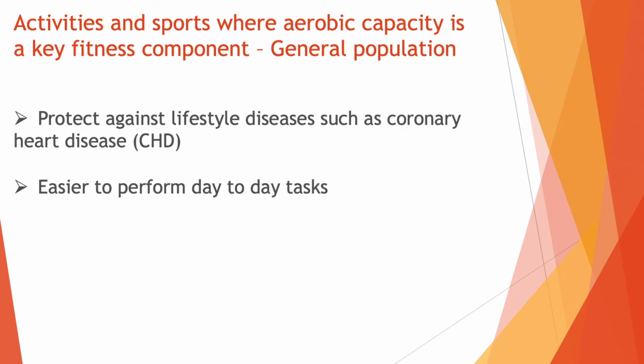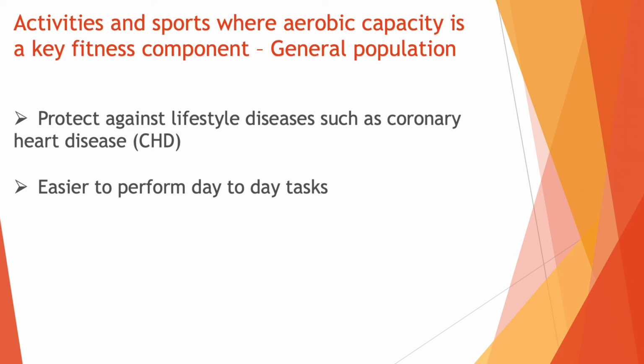Aerobic capacity can protect against lifestyle diseases like coronary heart disease. So someone in the general population who isn't necessarily working to improve their aerobic performance in the marathon or in rugby can benefit from improving their aerobic capacity, because it protects against these lifestyle diseases like coronary heart disease.